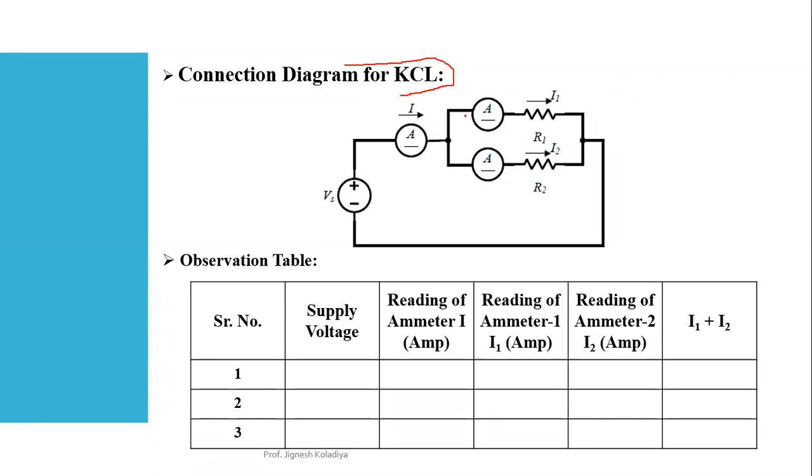So if you want to verify KCL as per this diagram, then the total current will be equal to I1 plus I2, and if you are getting this, then we can say your KCL is satisfied.